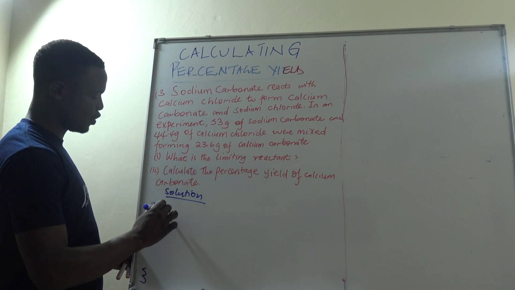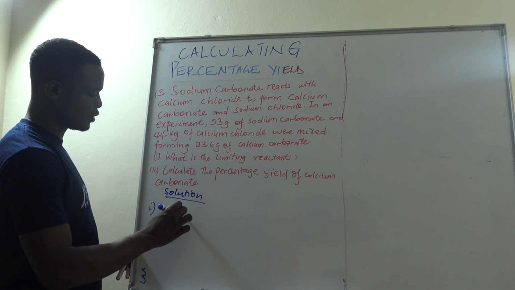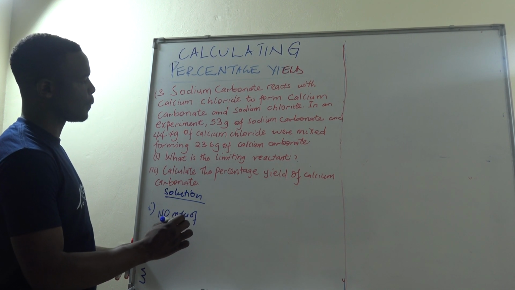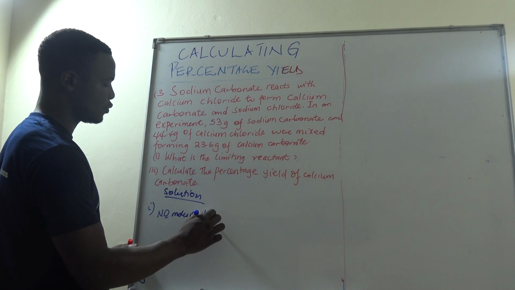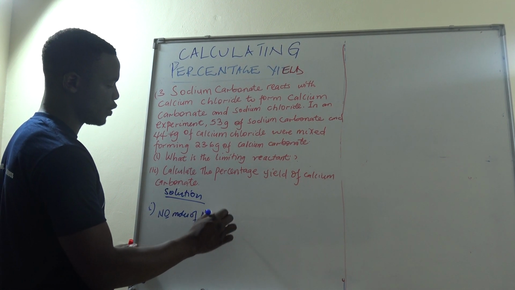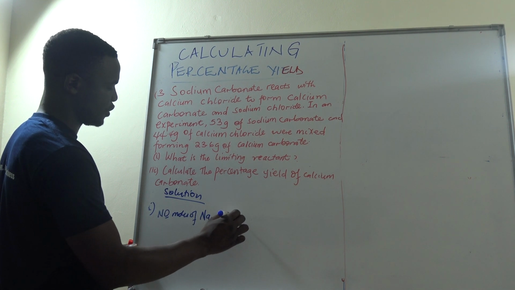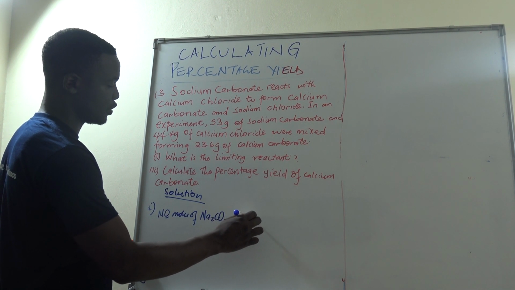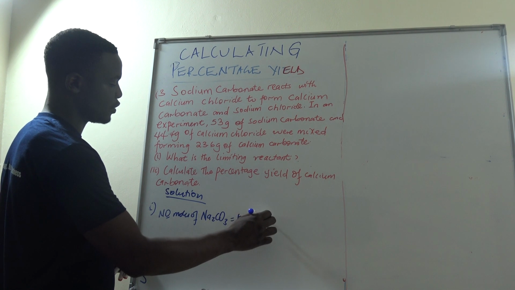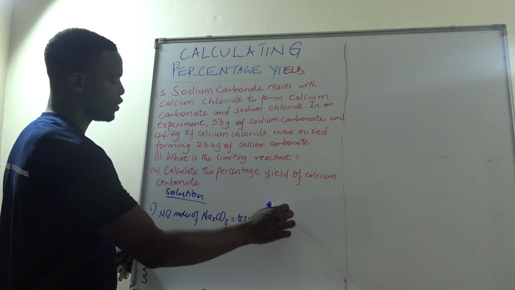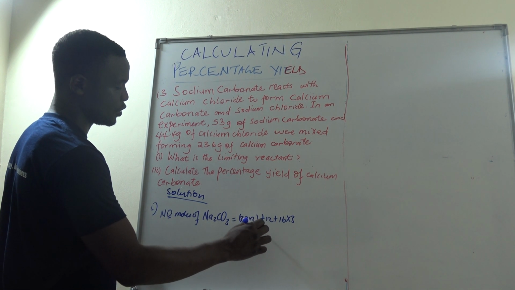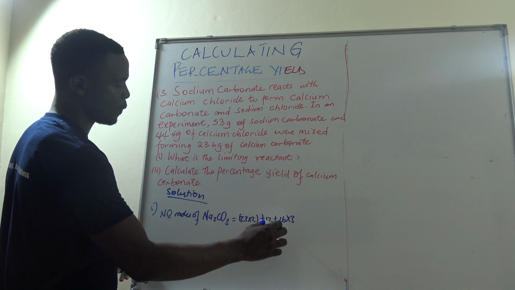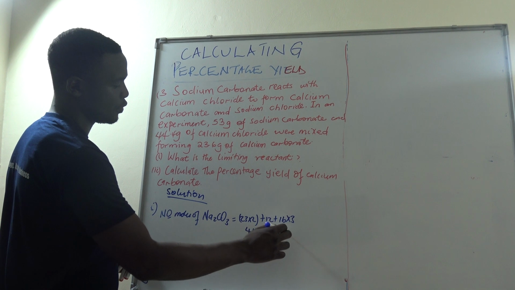So let's begin with the number of moles of sodium carbonate. We know that for sodium carbonate, the RFM is 23 times 2 plus 12 plus 16 times 3. So this is 46 plus 12 plus 48, which is 106 grams.